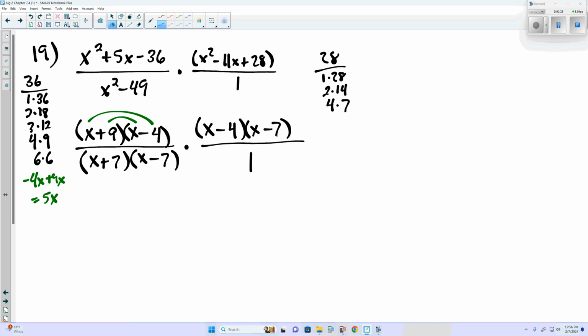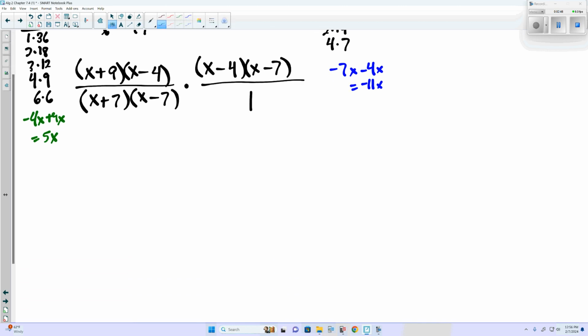We can use 4 and 7 if we check this middle term. x times negative 7 is negative 7x. Negative 4 times x is negative 4x, giving us negative 11x. Questions on how we factored any of this here? Okay.